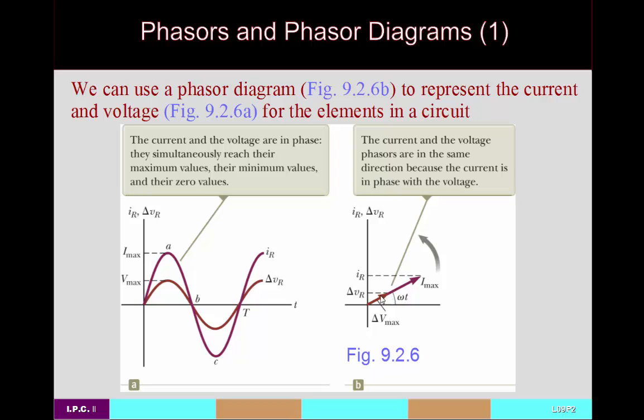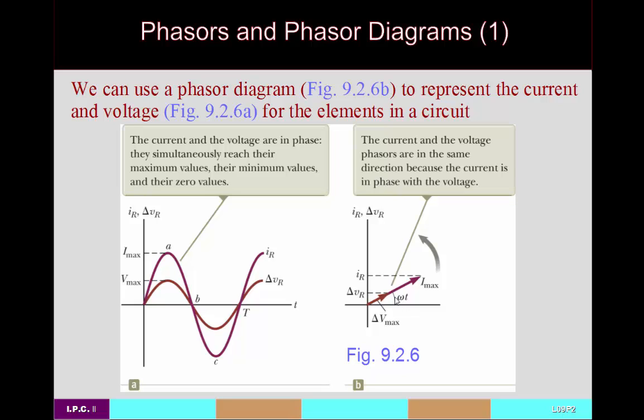The projection of this onto the y-axis represents the actual voltage at that time. It's like taking a dot product between this phasor and the unit vector in the y direction, for example. The same thing is happening with the current phasor: its projection gives the current at some time.